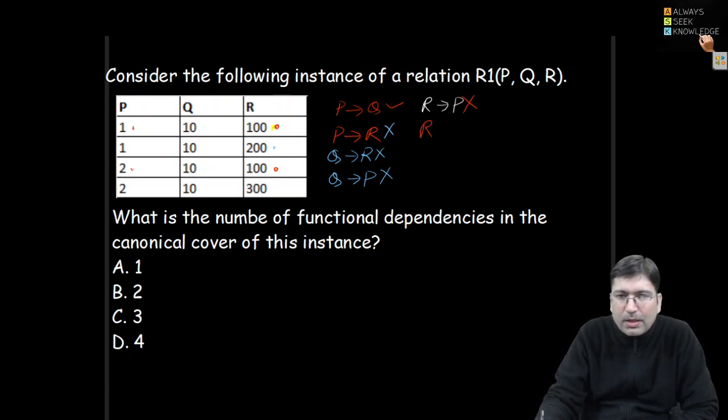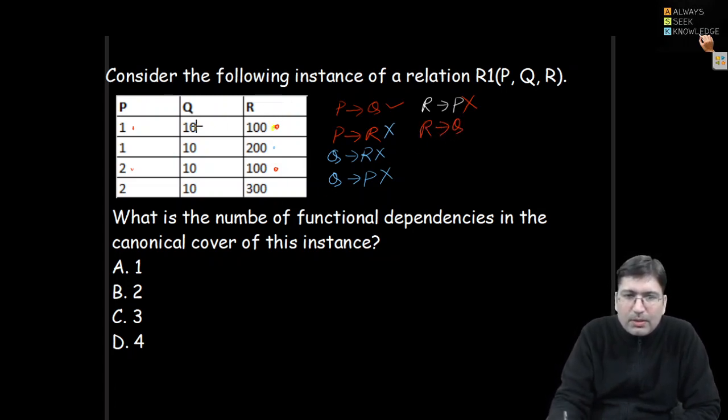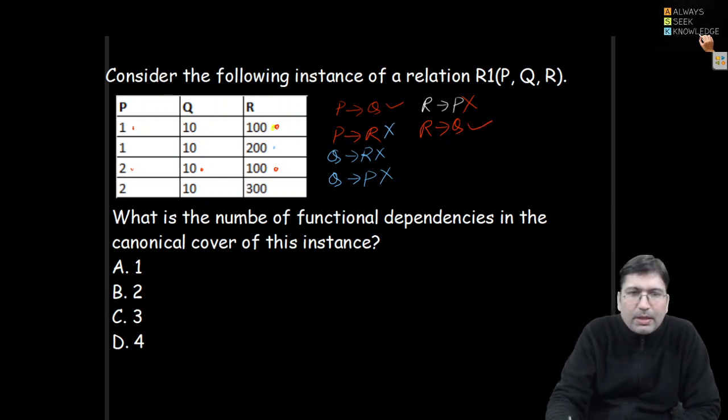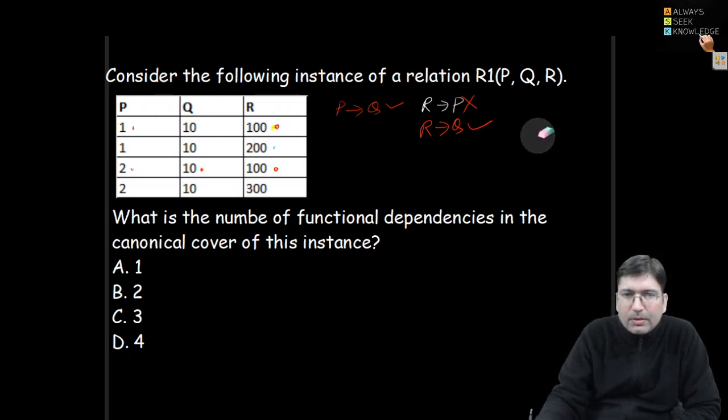Now let's check for R implies Q. R implies Q: 100 to 10, and there is also a 100 to 10 association. That means it is fine. It's not a problem, right? So the invalid ones I'm going to remove. This doesn't exist, so I'm removing. And the very first one also does not exist, so I'm removing it.